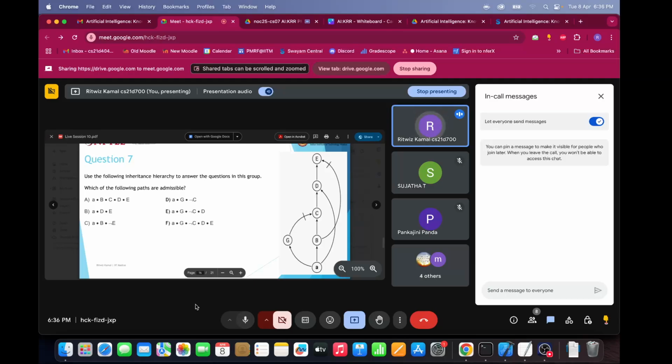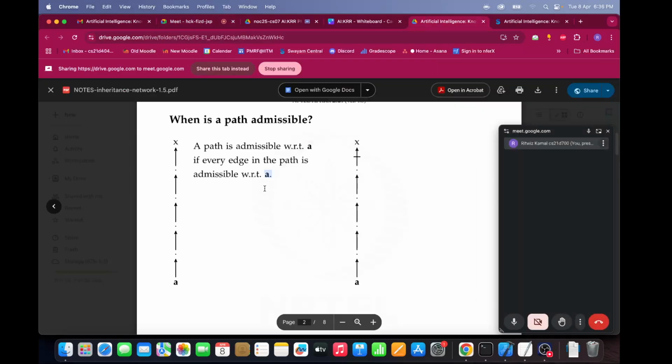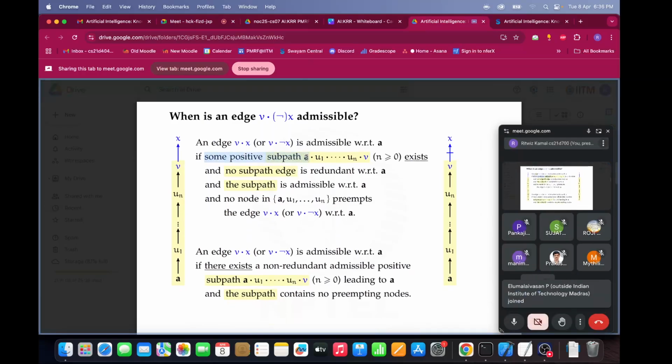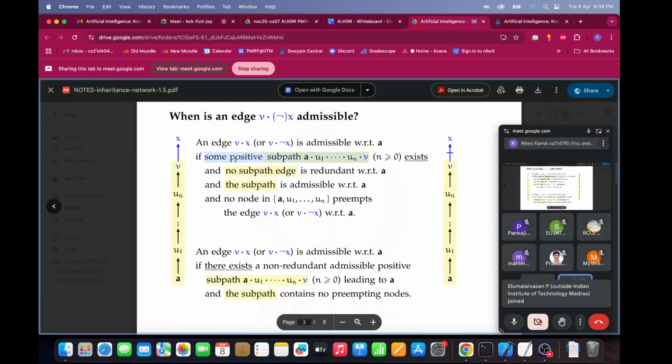Actually, A is not admissible, but I'll urge you to have a closer look at options E and F. Remember one of the important conditions that we had to check: there should be a positive subpath. There should be some positive subpath, right? This positive keyword is important.